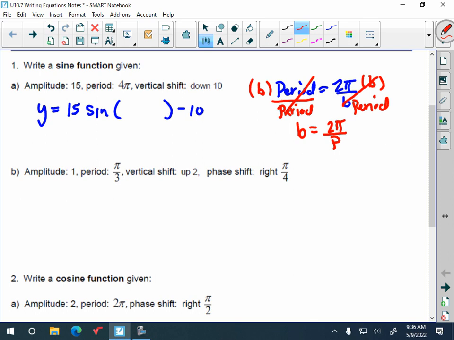So if I want to find the B value, all I have to do is now do 2 pi divided by the period. Well, they give us the period is 4 pi. So 2 pi divided by 4 pi simplifies to a half. So B is a half. So I can plug that in, 1/2 x. There's no phase shift, so there's no C value. It's just 0. So that's the equation.